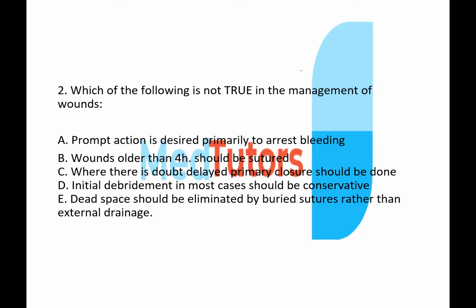C, where there is doubt, delayed primary closure should be done. D, initial debridement in most cases should be conservative. E, dead space should be eliminated by buried sutures rather than external drainage.